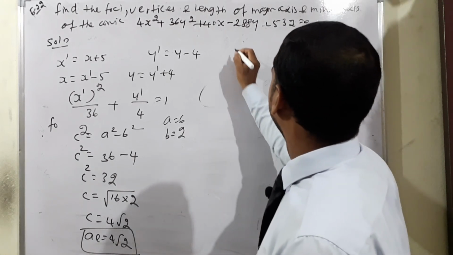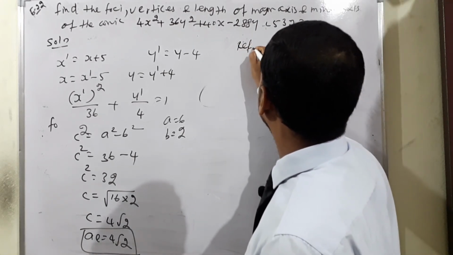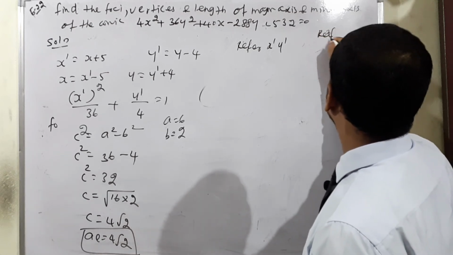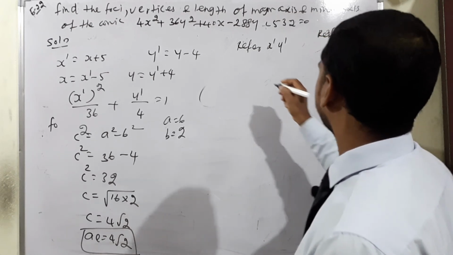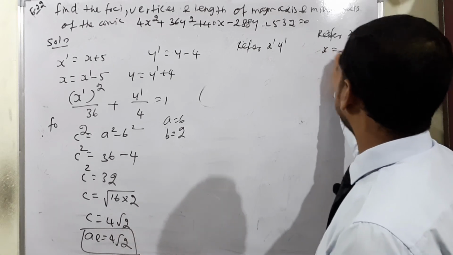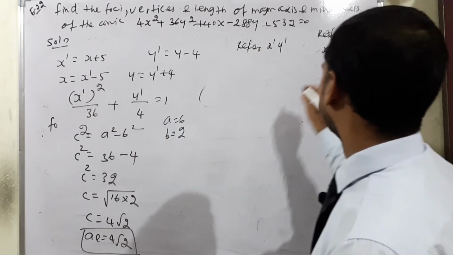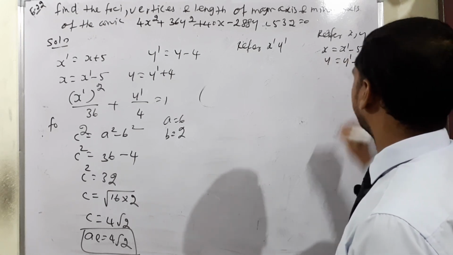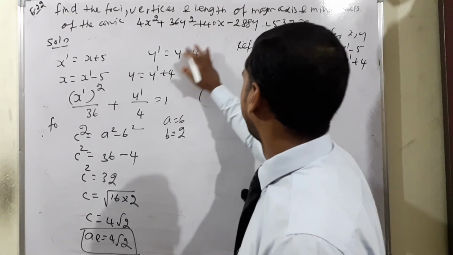Now, we refer x dash and y dash, and x comma y, where x is equal to x dash minus 5 and y is equal to y dash plus 4. The first one is foci.